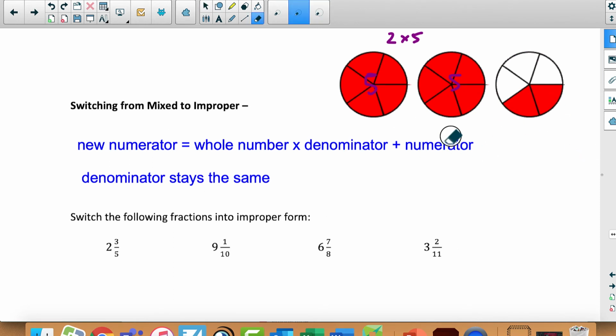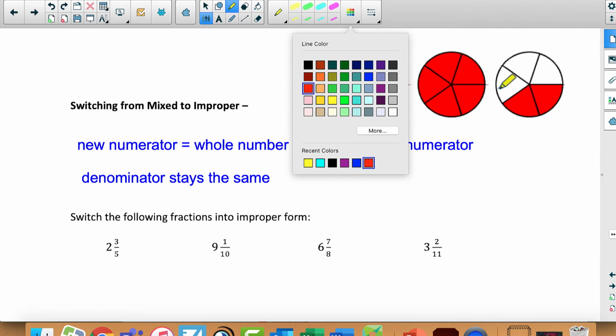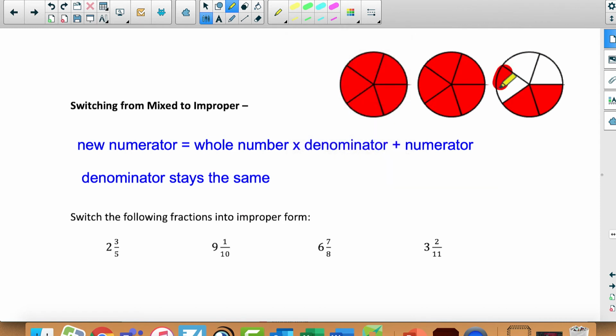So if we take a look at the first one here, it is 2 3/5. It's exactly the same as what we have up here, except one more is shaded in. So again, whether I'm talking mixed or improper, the size of the pieces stays the same. They're fifths. So you know for sure your bottom number is going to be 5. Now for the top number, all you need to do is count up all these red ones. But again, remember, fast way to do that? I know there's 5 here because it's in fifths.